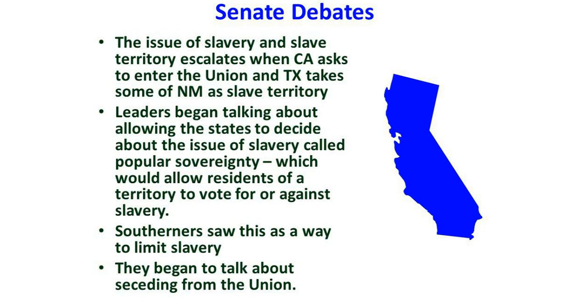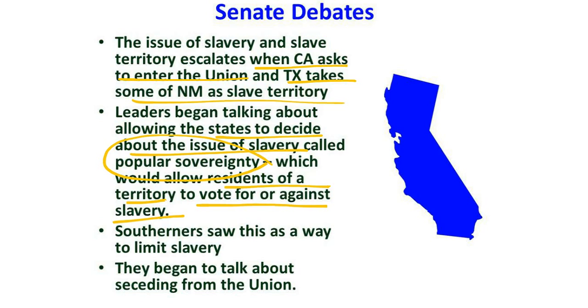The issue of slavery and slave territory is going to escalate when California asks to enter the Union as a free state, and Texas takes some of the New Mexico territory as slave territory. Leaders in the Senate begin talking about allowing the states to decide about the issue of slavery. This would be called popular sovereignty, which would allow voters in a territory to vote for or against slavery in their state.